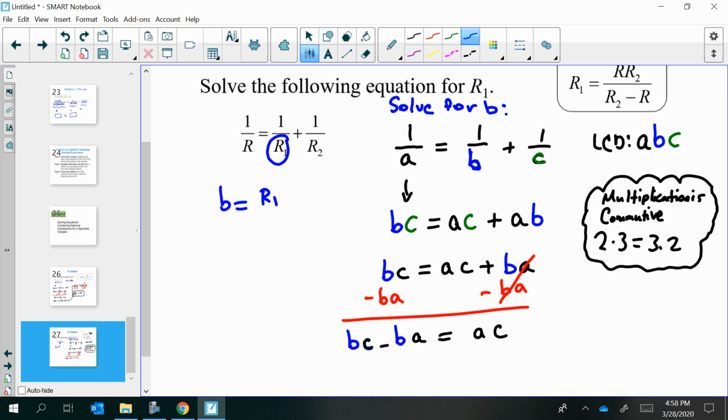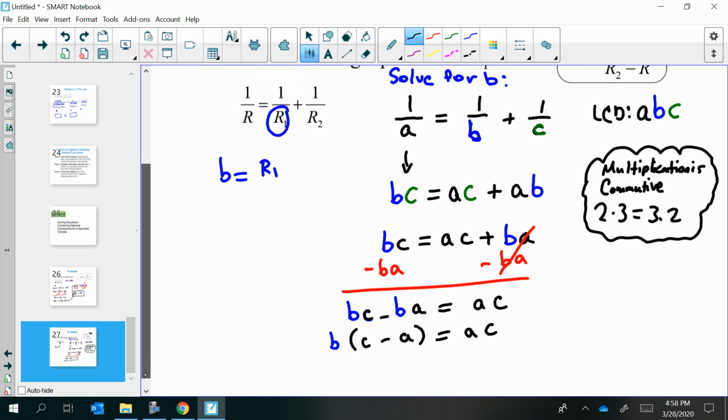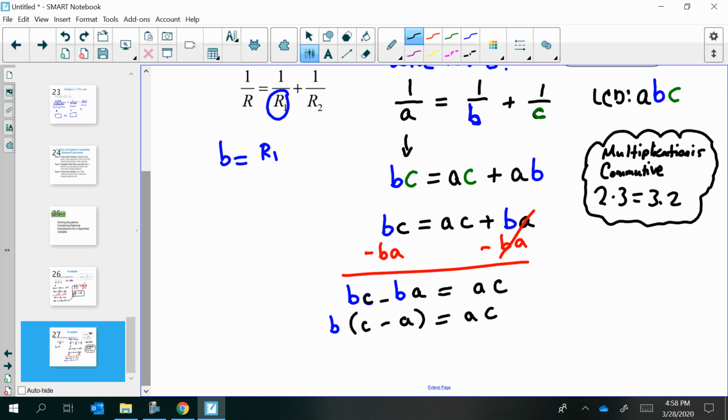Now I'll factor out the B, and divide both sides by C minus A. So my solution is B equals AC.